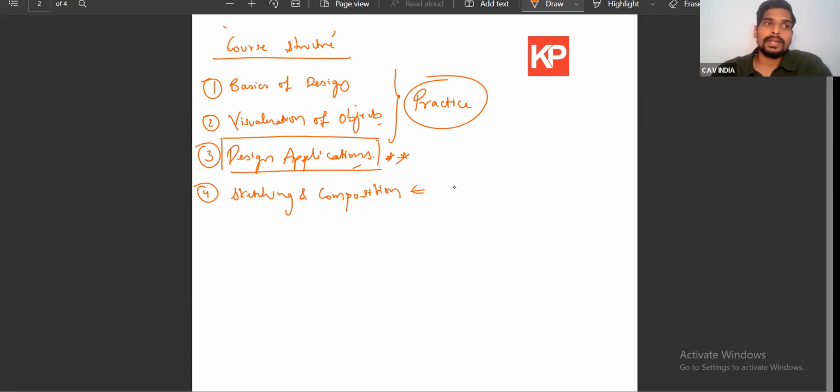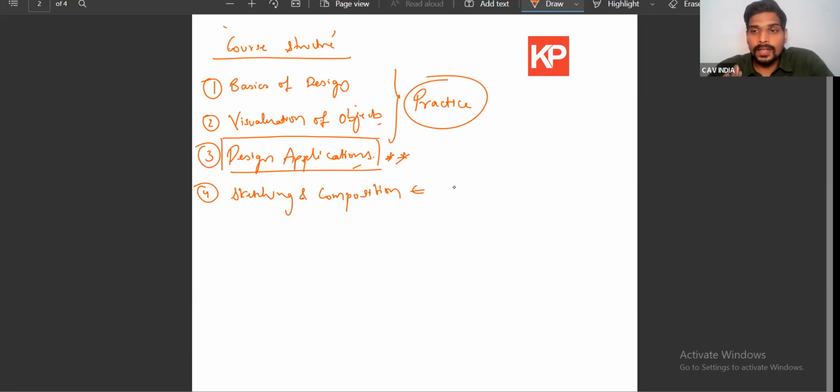It could be a simple one like a normal composition design, or it could be a normal logo design. How to represent it, or if you're having a situation, how to sketch it with the human anatomy, how to sketch human figures, how to show shadows, how to draw using the skills of perspective. All these will be taught under sketching and composition.